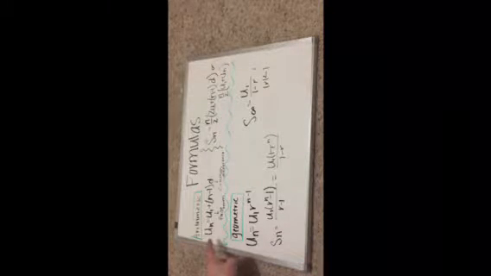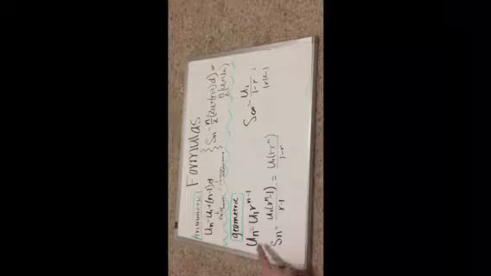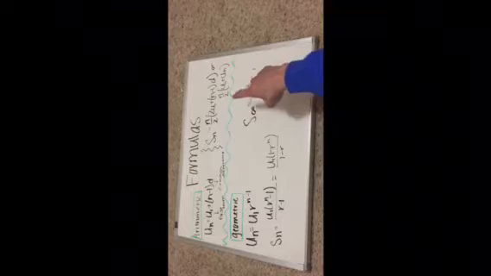The next is the geometric sequence, and the first formula I have for you will help you find the nth term in a geometric sequence. And just like the arithmetic sequence, it also has a formula to find the sum of a sequence. So if you use this equation, you'll find the total sum of that number sequence.